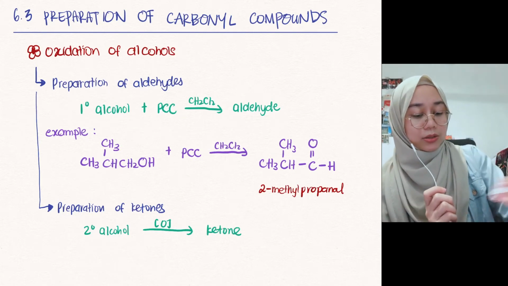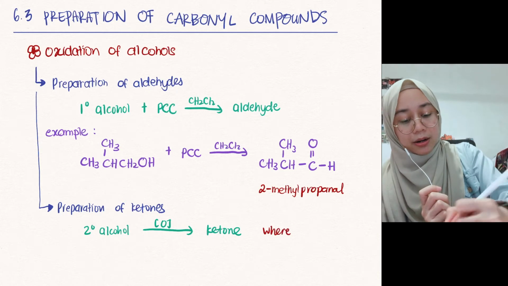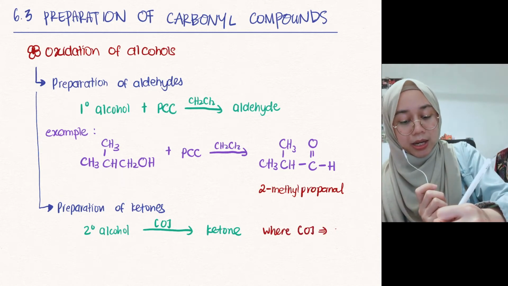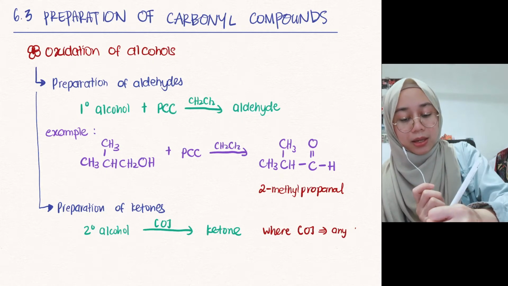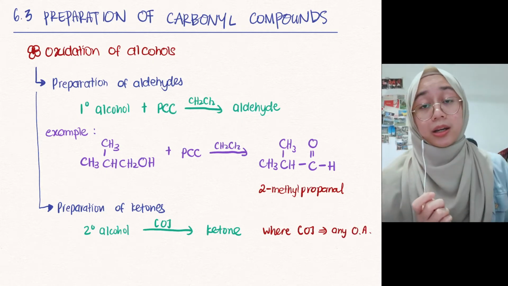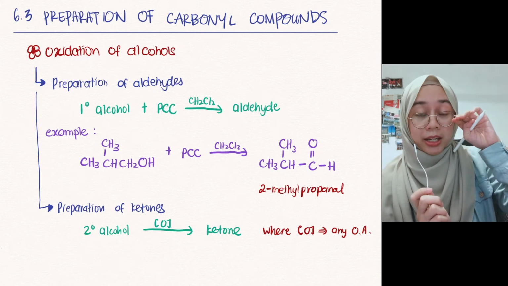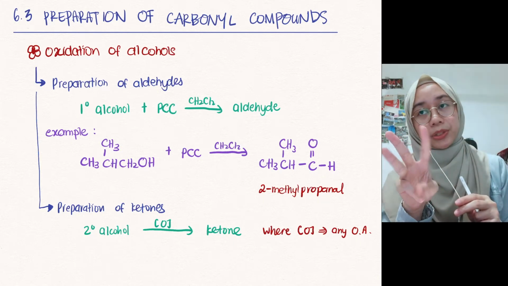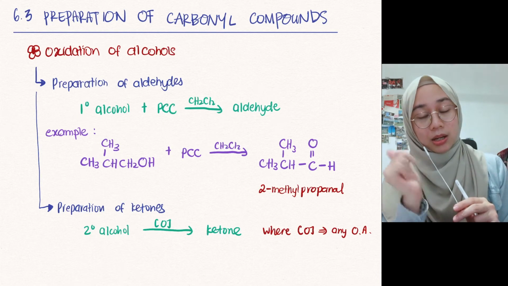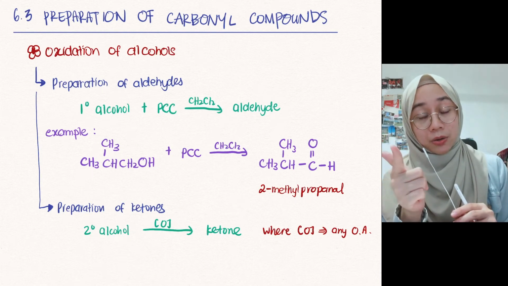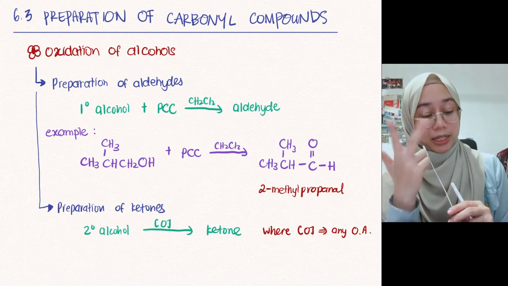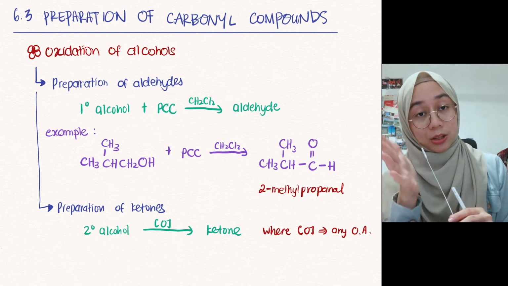So kena ingat oxidizing agent yang kita guna adalah any oxidizing agent. It can be a strong one, it can also be a mild one. It doesn't matter. So you have 3 options here: you can use the potassium permanganate, or the potassium dichromate, or even the mild oxidizing agent. Tiga-tiga pun boleh. Semuanya akan menghasilkan keton sahaja.